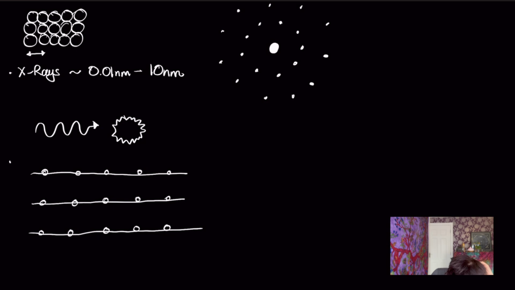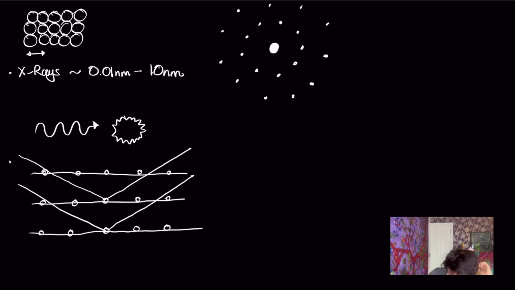His theory was that when you sent X-rays into the structure, they simply reflected off the planes. And if the X-ray source is sufficiently far away, you can consider the X-rays to be parallel rays traveling towards the crystal planes and then bouncing off.